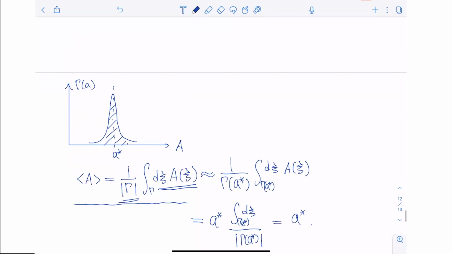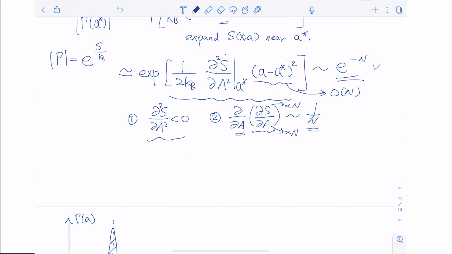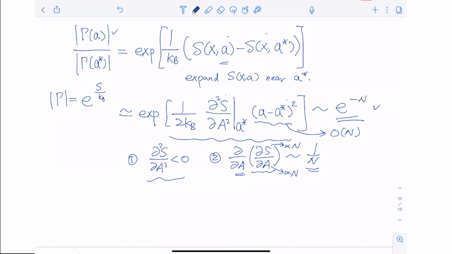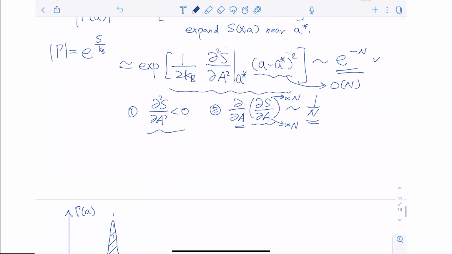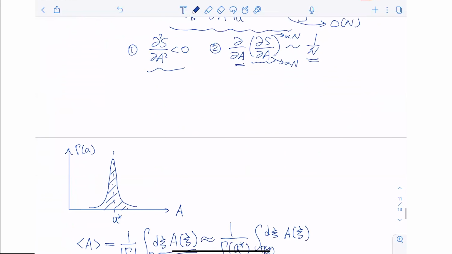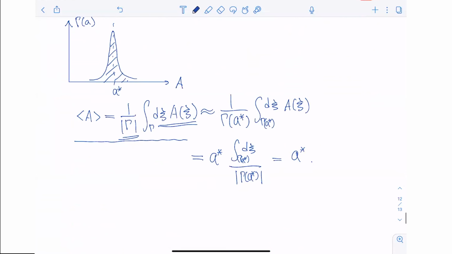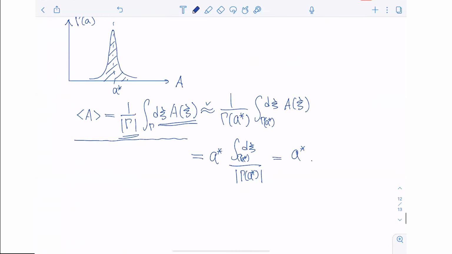But now, as we just demonstrated previously, only the contribution of your phase space that is nearby the equilibrium value plays the dominant role, and it is exponentially dominating. So this average value can be approximated by averaging over the phase space that's specified by this specific equilibrium value A star. That means I can just replace this gamma by this gamma A star.